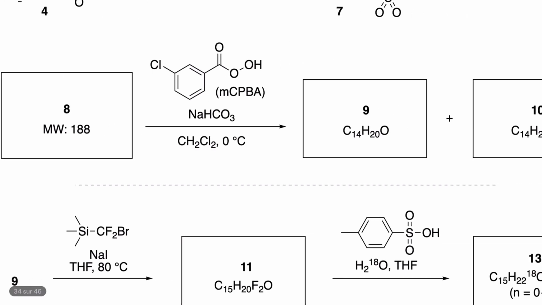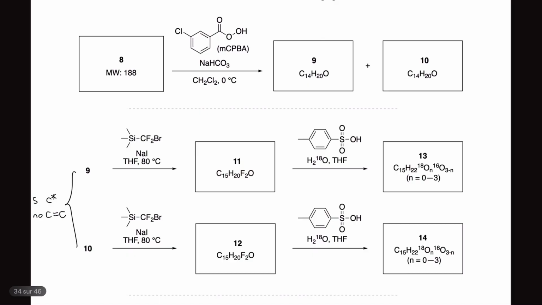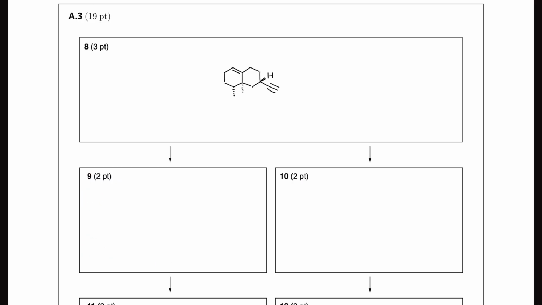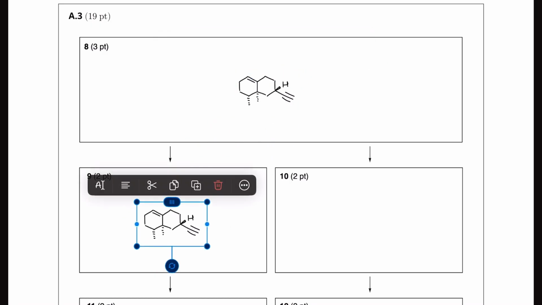That's going to give us 9. That seems to me like an epoxidation reaction. And they say that 9 and 10 have no carbon-carbon double bonds, so it seems perfectly fine to say that.